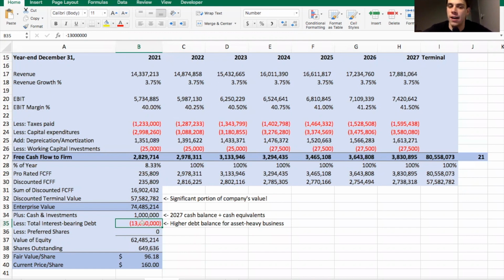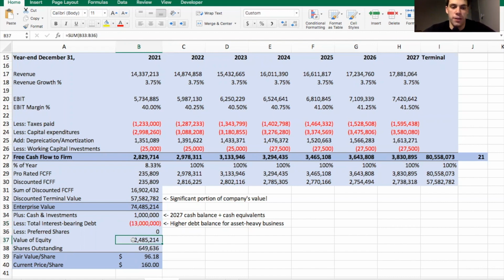It's going to be a higher debt balance in relation to their cash balance because Canadian National Railway is an asset-heavy business. They have a lot of long-term assets, which businesses will typically finance with long-term debt. Usually businesses will finance an asset with debt that matches the use of the asset. So long-term debt goes with long-term assets, short-term debt with short-term assets.